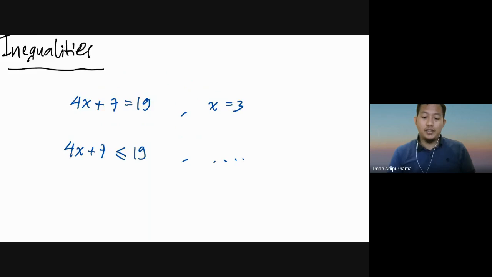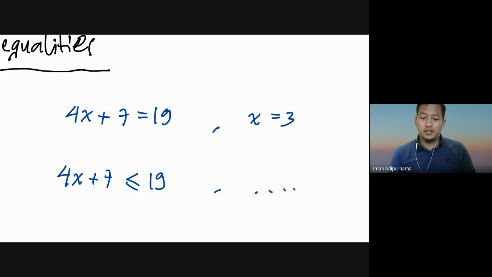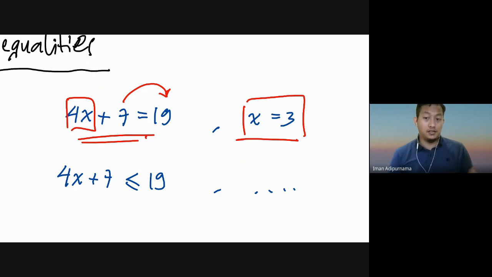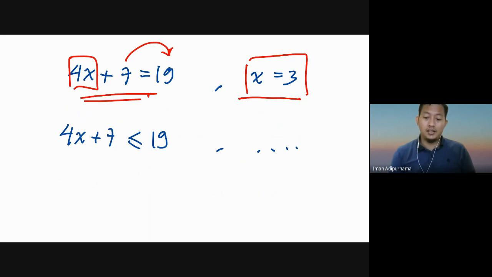For example, you have a linear equation like this one. It's quite easy. What you need to do is solve and then find the x, right? To solve, divide all by 4. You get x is equal 3. It's quite easy. But what will happen if you change the equal sign to less than or equal, like this one?